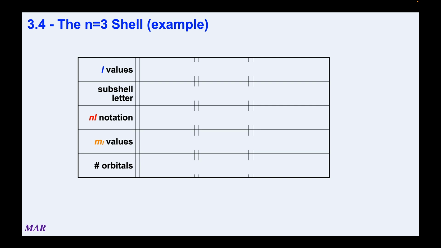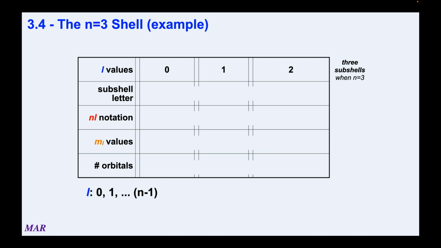So 3 minus 1 means it's going to go up to 2. So L always starts at 0. It's going to go up to 2. There's going to be L values of 0, 1, and 2. L and n can never be the same thing, but they will be up to n minus 1. And notice that means 3 L values here for n equals 3.